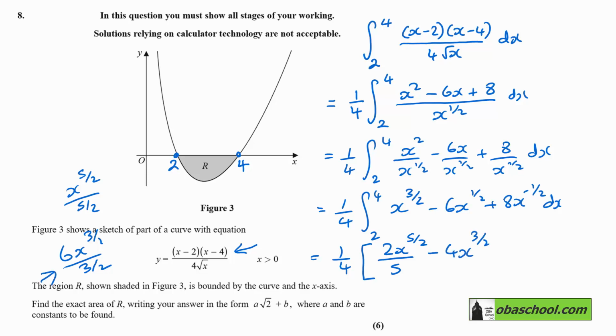These are the sort of things you can use your calculator to simplify anyway. And then finally, we'd have 8x to the half divided by a half. 8 divided by a half is 16. So that's 16x to the half. And that's to be evaluated from 2 to 4.